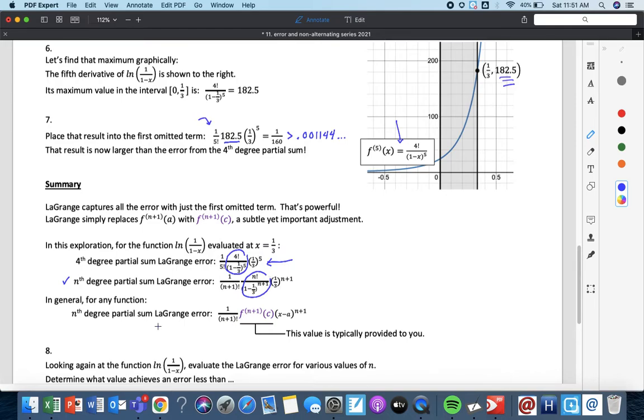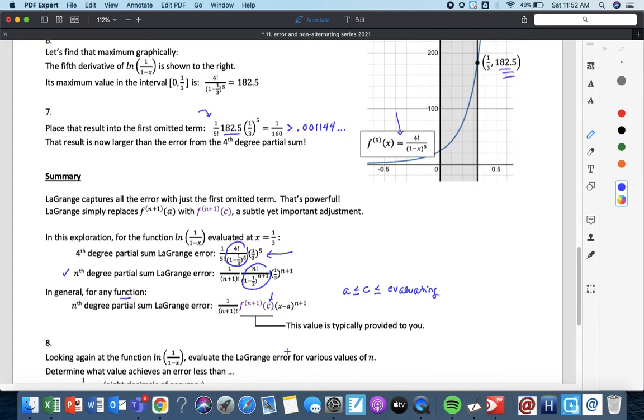And then if you generalize for any function, it would look like this. So now we're not working just with the natural log function, but any function. The Lagrange error is 1 over n plus 1 factorial, the n plus first derivative, evaluated at some other location between where you're centering the series and where you're evaluating the series. And then there's your final piece of that first omitted term, x minus a to the n plus first.